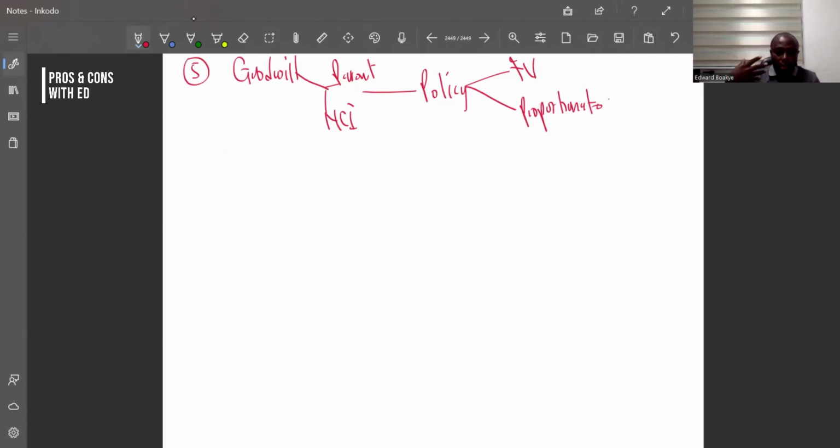In talking about the proportionate policy, it simply means that we are dealing with only the parent's goodwill. So the goodwill we are going to calculate only belongs to the parent. But when we talk about the fair value, remember we are adding both the consideration of the parent and the consideration of the NCI. When we add these two together, we get the total consideration used in purchasing 100% of the subsidiary company.